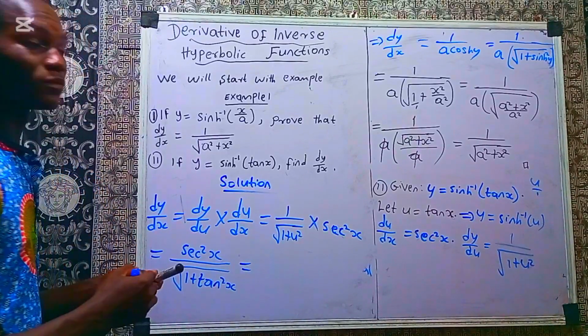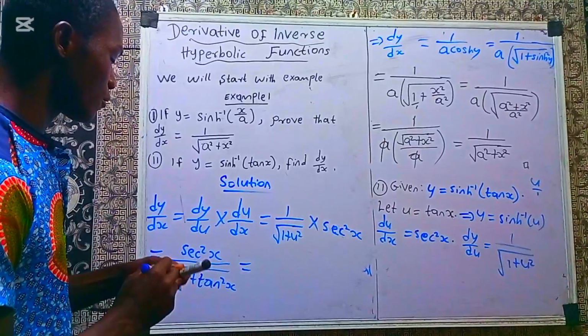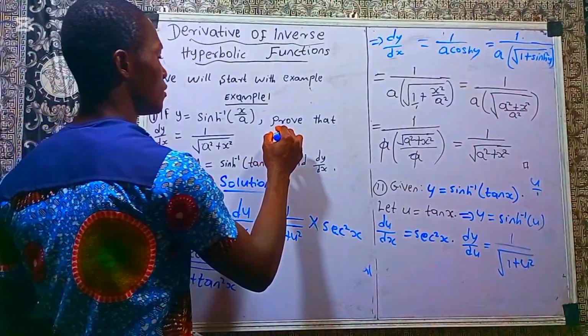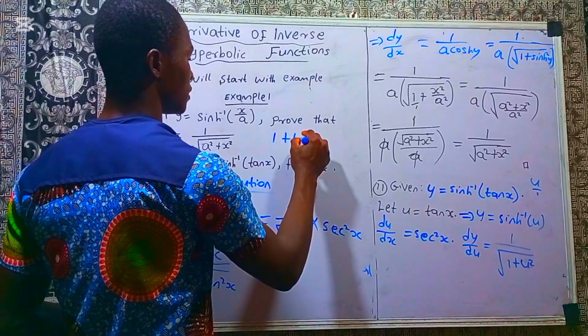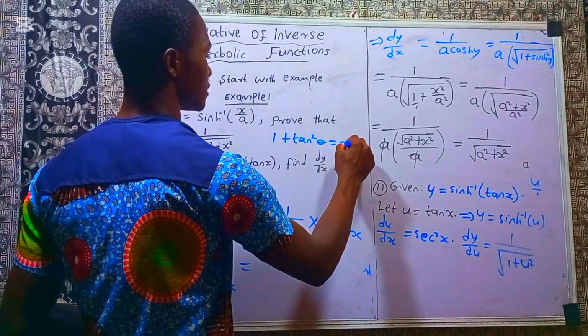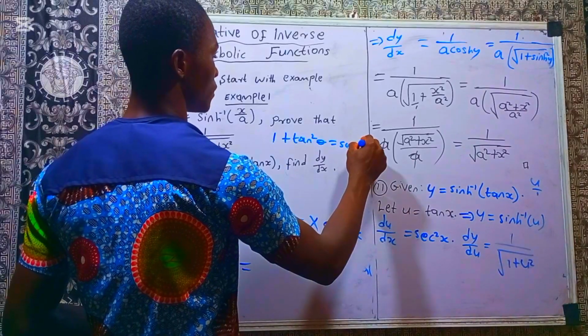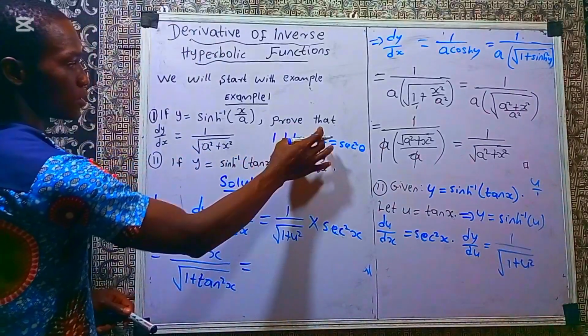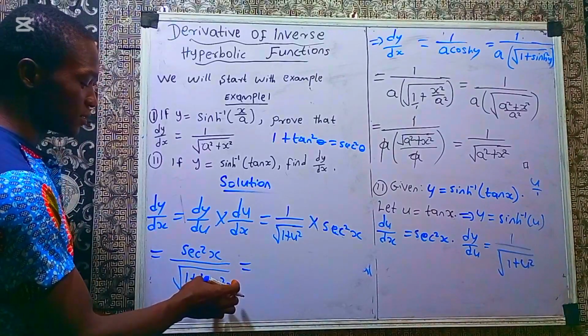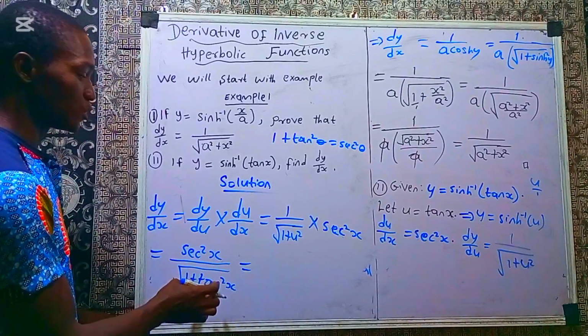But you know from trigonometry, I want to simplify this further. You know from trigonometry that 1 plus tan squared theta is equal to sec squared theta. This quantity is the same thing as this. So this 1 plus tan squared x in this square root, I can replace it with what?